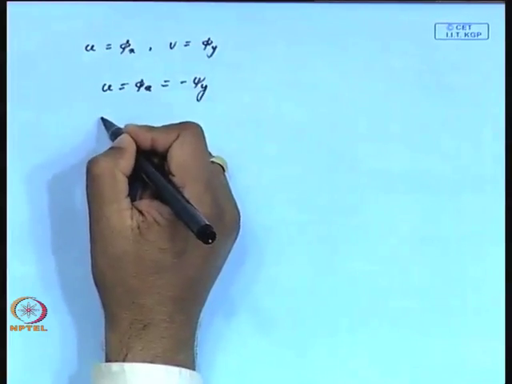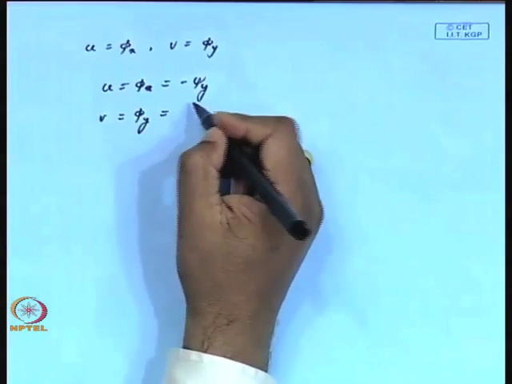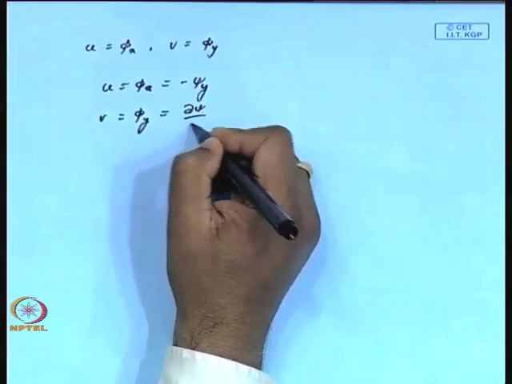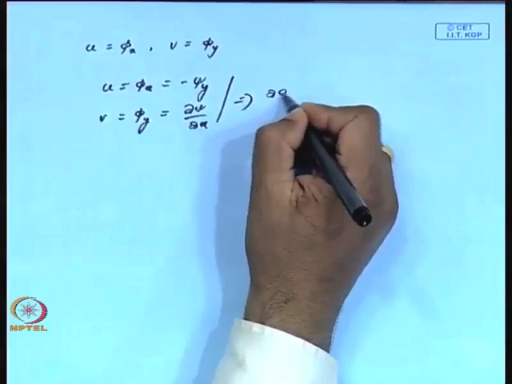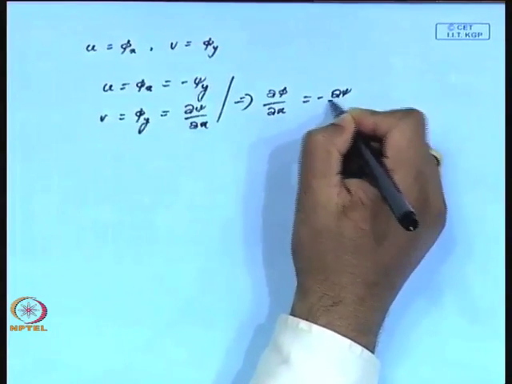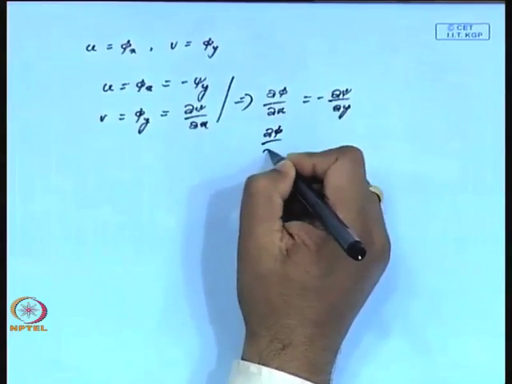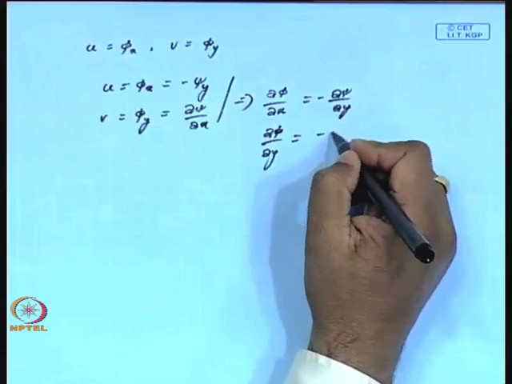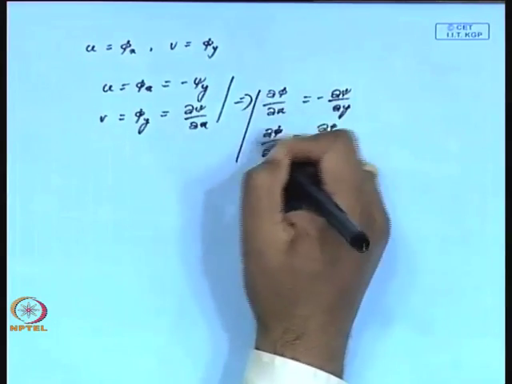Similarly, v is phi y, and v is again del psi by del x. So, which gives us del phi by del x is equal to minus del psi by del y, and del phi by del y is del psi by del x.